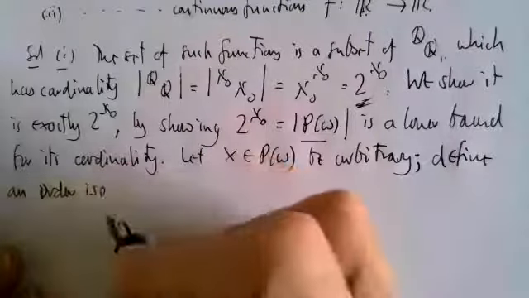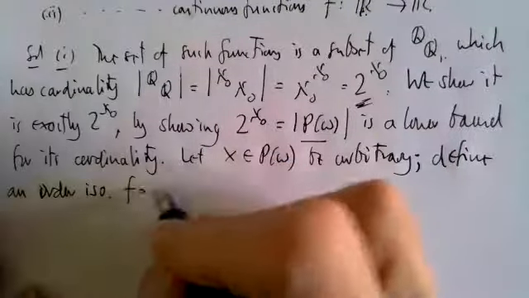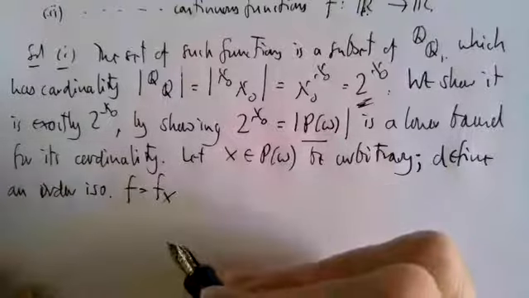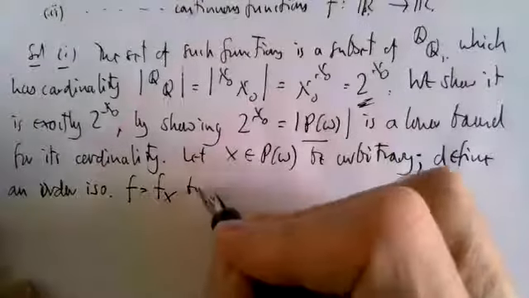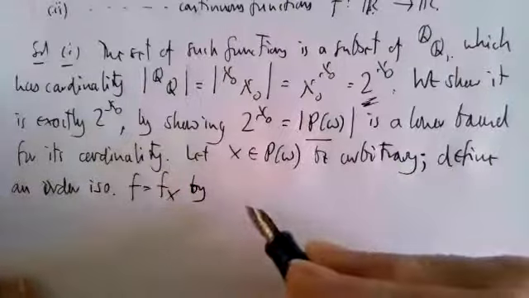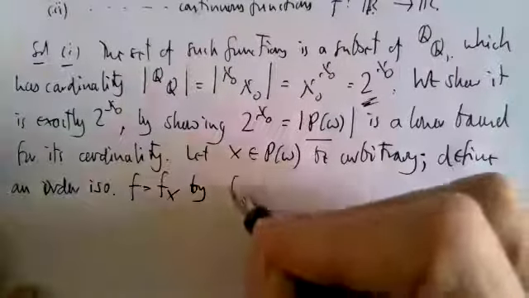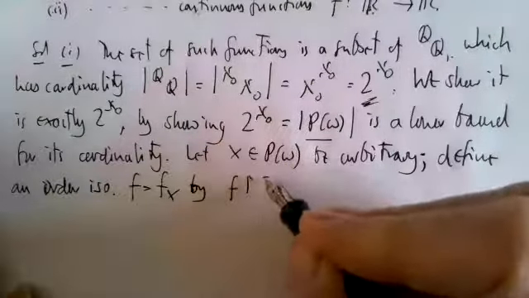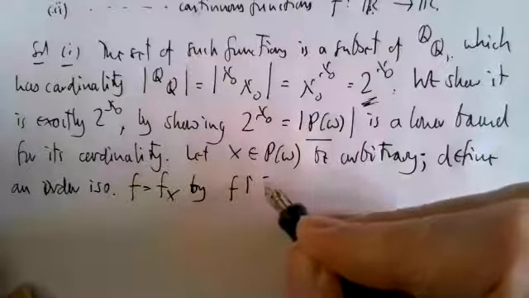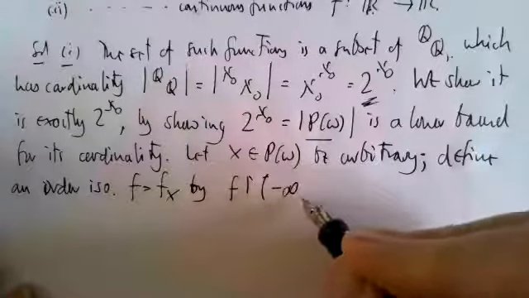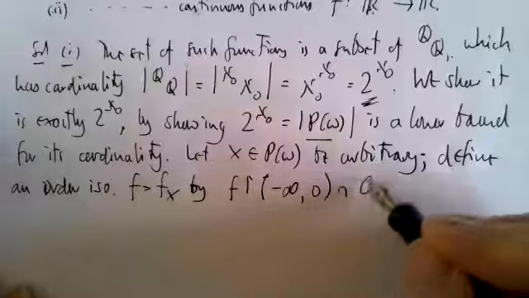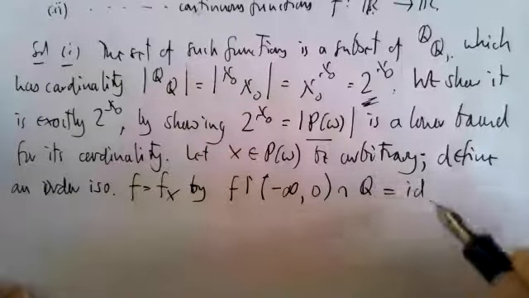We define an order isomorphism, f, which depends on X. Let's just say that on the negative half line, it's just the identity.